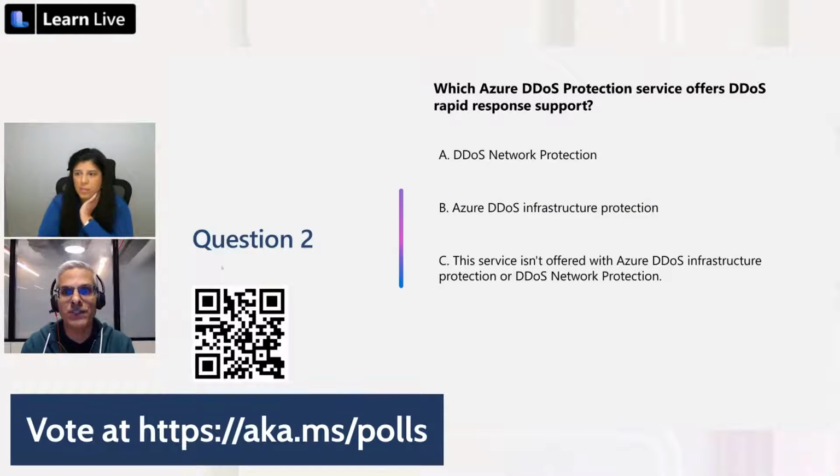Which Azure DDoS protection service offers DDoS rapid response support? A. DDoS network protection. B. Azure DDoS infrastructure protection. C. This service is not offered with Azure DDoS infrastructure protection or DDoS network protection.